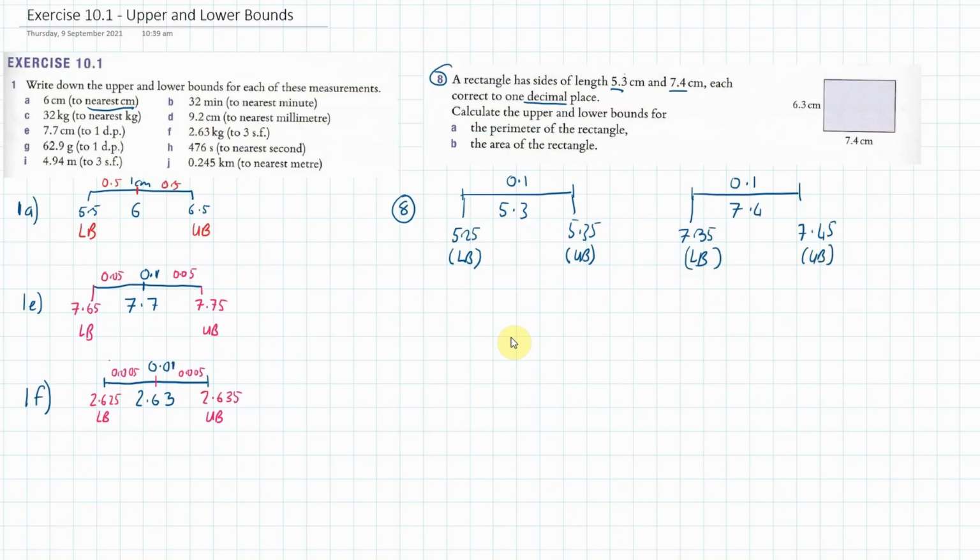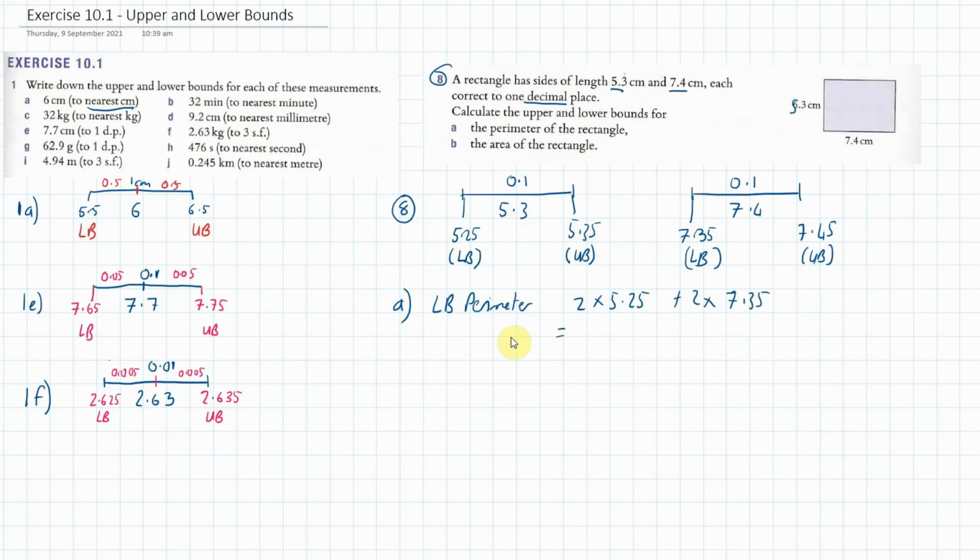Now we can do the problem solving part of it. With the perimeter of the rectangle, the lower bound perimeter is going to be equal to 2 times the lower bound for the 5.3. I think it should be 5 there. So 2 times the 5.25, which is the lower bound, plus 2 times the lower bound for the other dimension, which is 7.35.